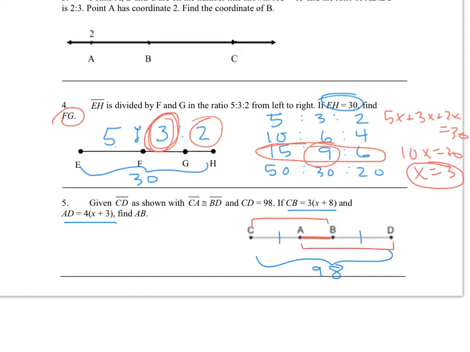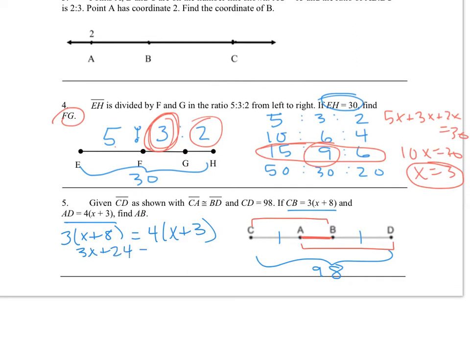So we still have congruent segments here. So we can take CB, that expression, 3 times x plus 8, and the expression for AD, and set them equal to each other to find out what x is.